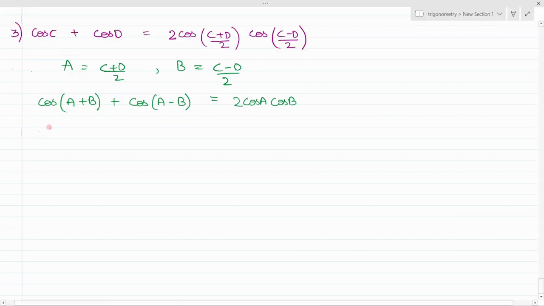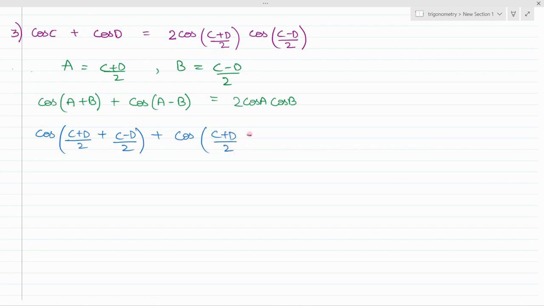So substitute here, which is nothing but cos of (C plus D)/2 plus (C minus D)/2 plus cos of (C plus D)/2 minus (C minus D)/2. And here also substitute cos (C plus D)/2 and cos (C minus D)/2.